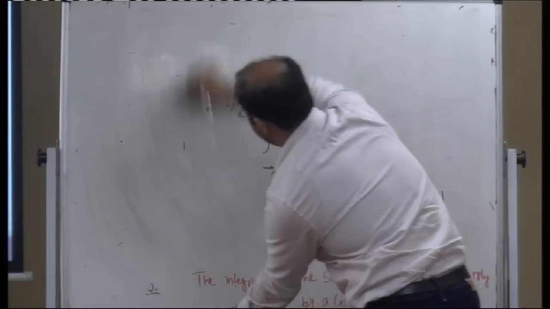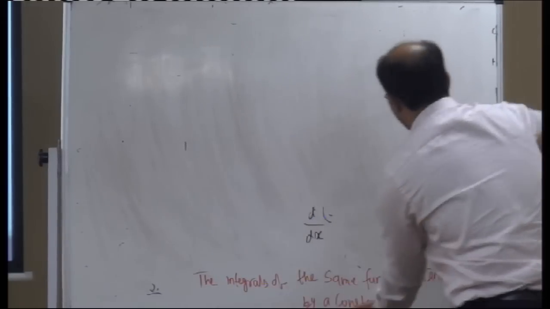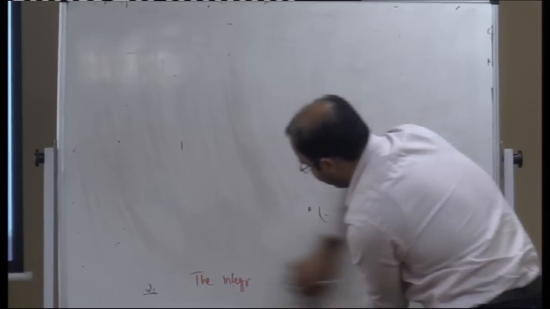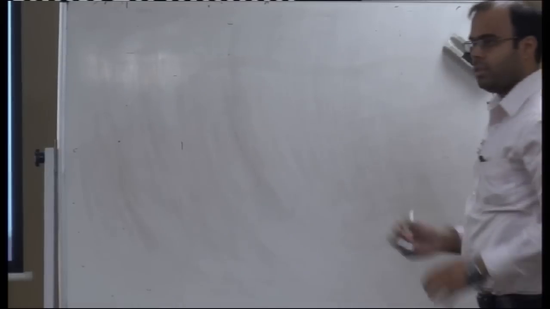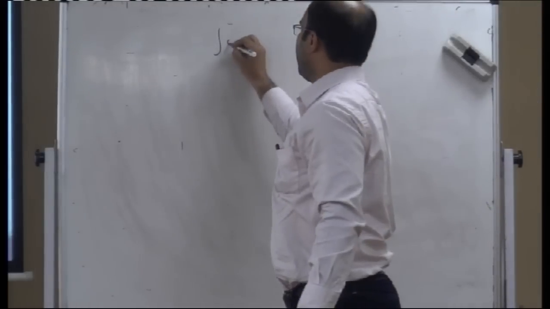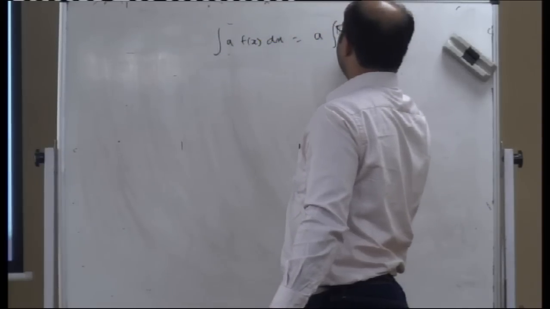Now another theorem: a constant multiplied with a function, when integrated, you can take the constant out as it is. So the integral of a f(x) dx can be written as a times the integral of f(x) dx.